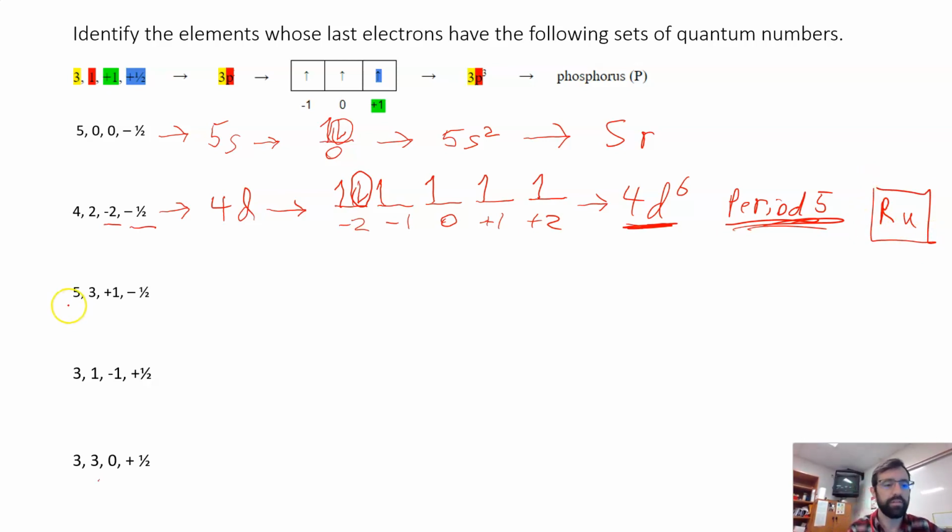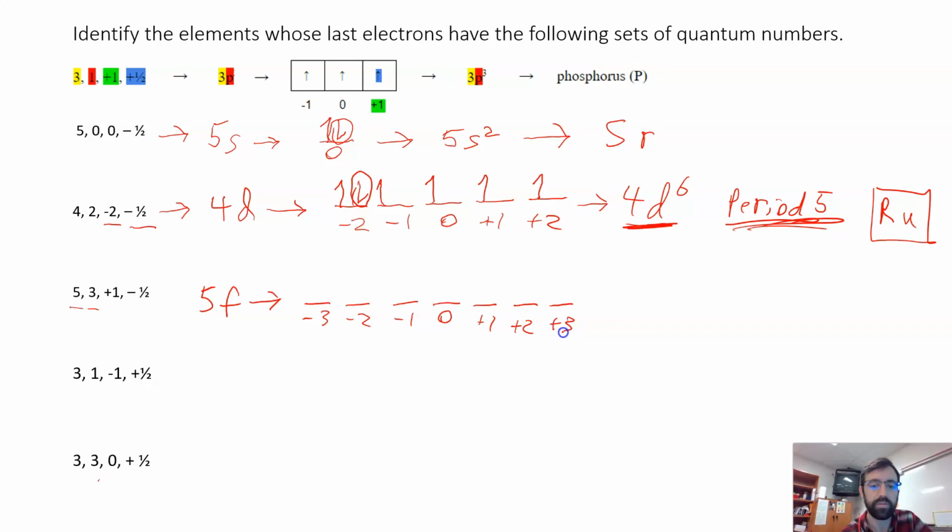Okay, the next one, 5 and then 3. So that's 5. 3 is F, SPDF. F has 7 orbitals: 1, 2, 3, 4, 5, 6, 7. The middle point is right here with 3 on either side: -1, -2, -3, +1, +2, +3.